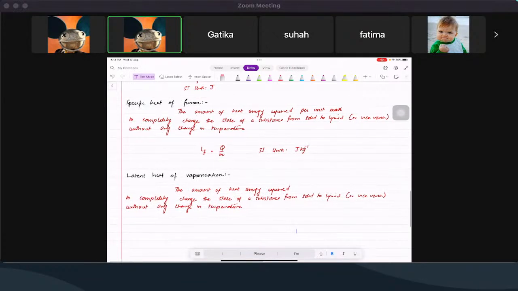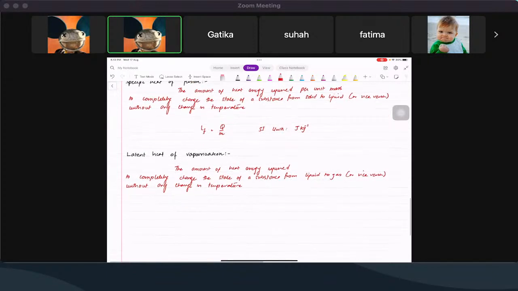Now you gotta remove, it would be from liquid to gas or vice versa, okay, without any change in temperature. Now for vaporization, it would be capital L V equals Q, and SI units would be the same. That's just joules. Is it clear, everybody? Yes, sir.